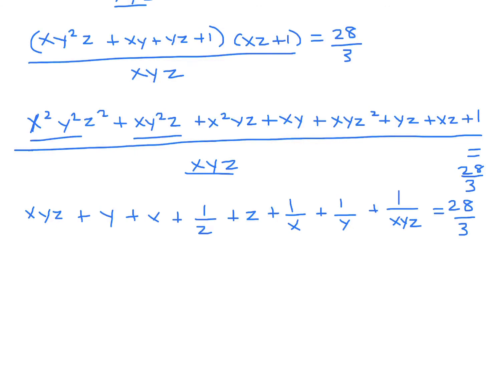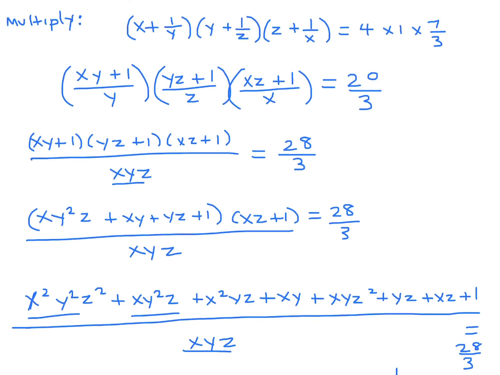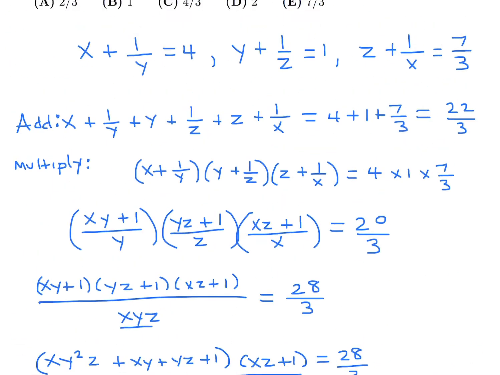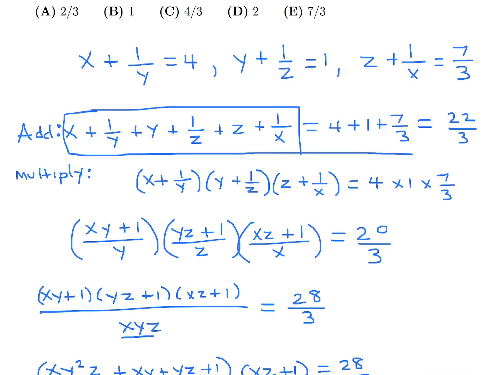And before I move forward, this part here, all this stuff looks very familiar. It's this one right here. X plus 1 over y, y plus 1 over z, and z plus 1 over x.